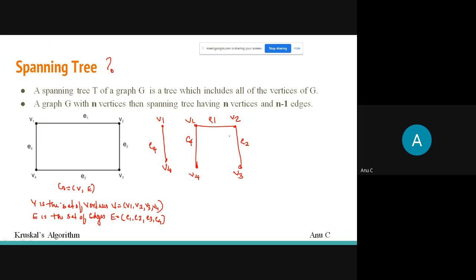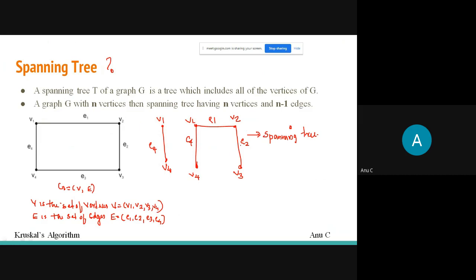And this tree contains all the vertices of this graph. Then we can say that this is a spanning tree. So a spanning tree is a tree which includes all the vertices of the given graph.